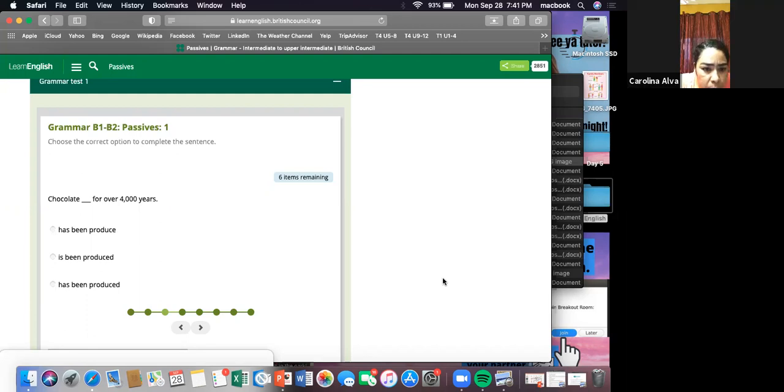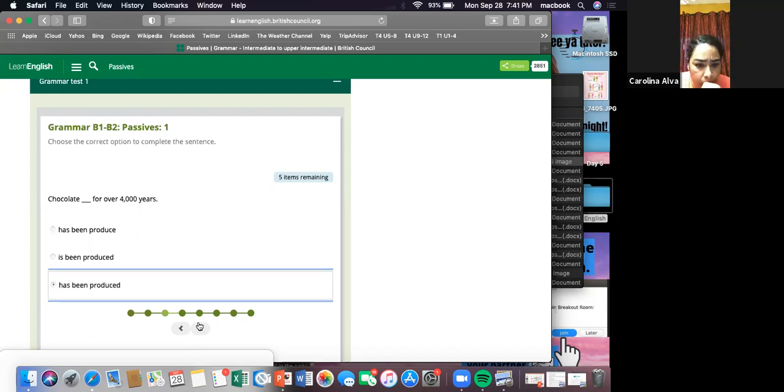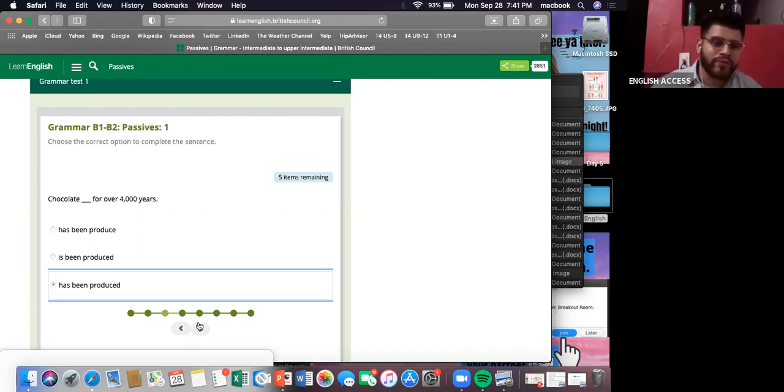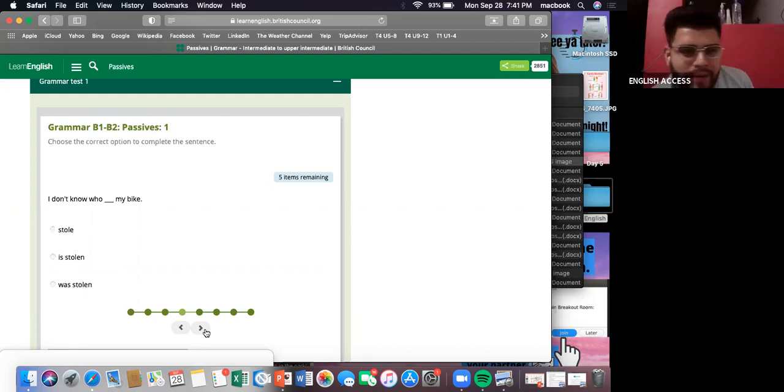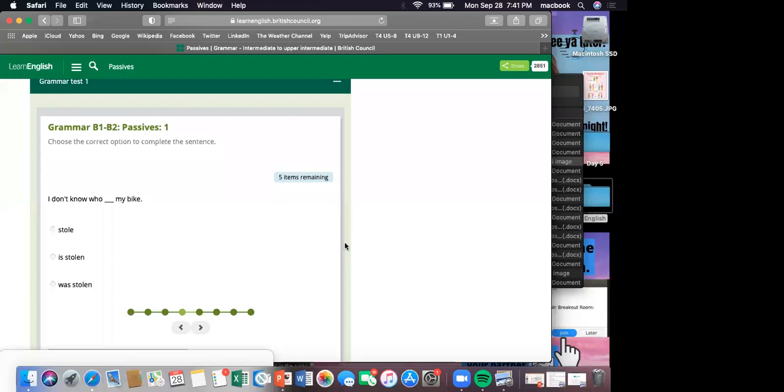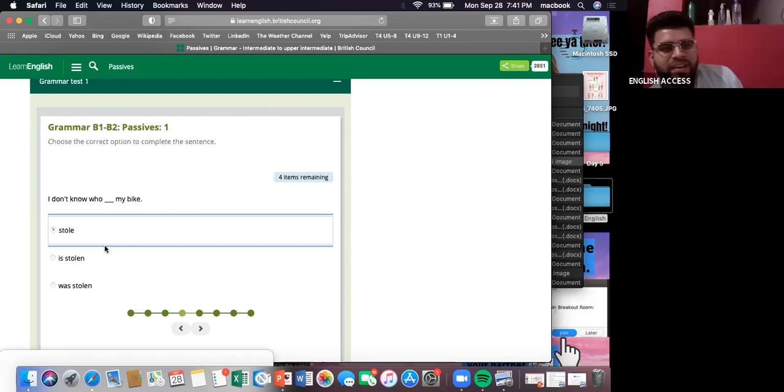Chocolate has been produced. Produced, with a T. And Gabby. I don't know who stole my bike.